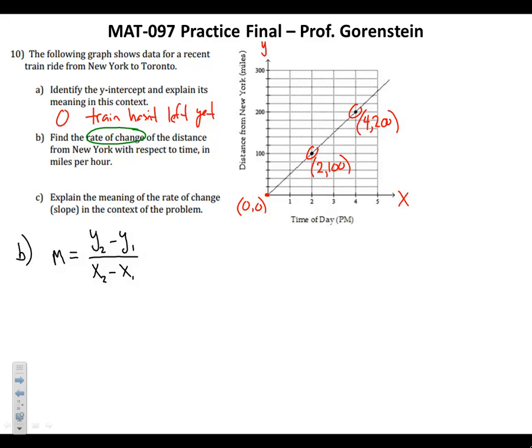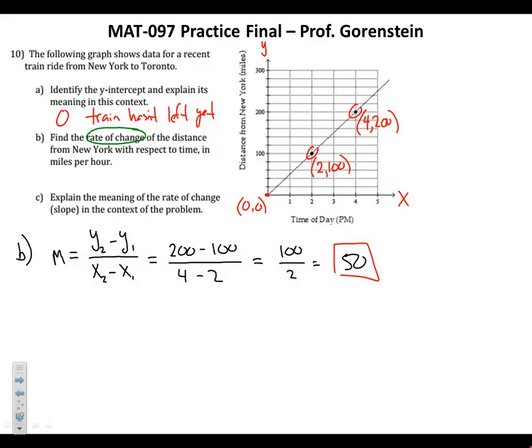So the difference in the y values, 200 minus 100, divided by the difference in the x values, 4 minus 2. So on top we've got 100, on the bottom we've got 2, and 100 over 2 is 50. So the rate of change is 50.